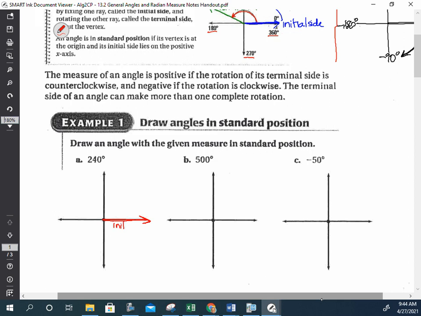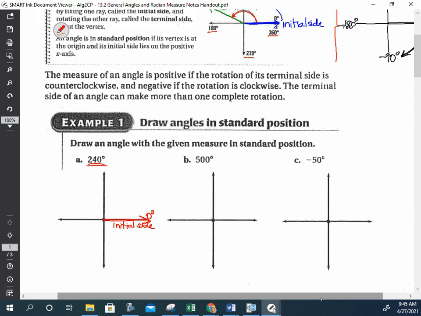That always goes there. That never changes. So your initial side goes where 0 degrees is. So please do not change it, because changing it from that is wrong. You always start there.